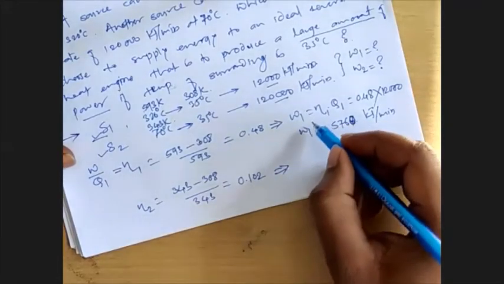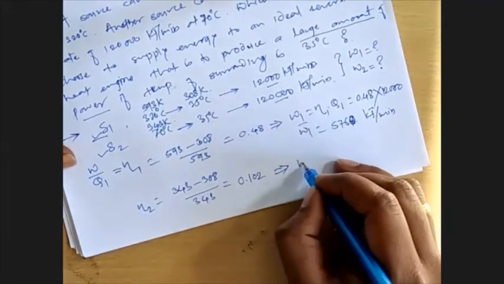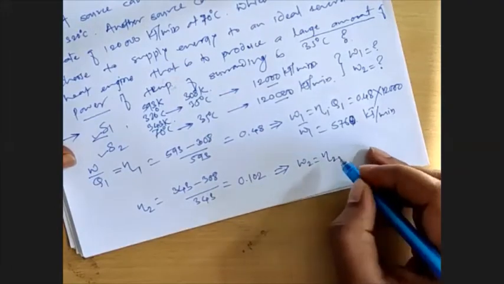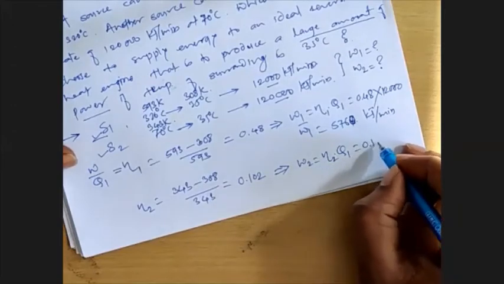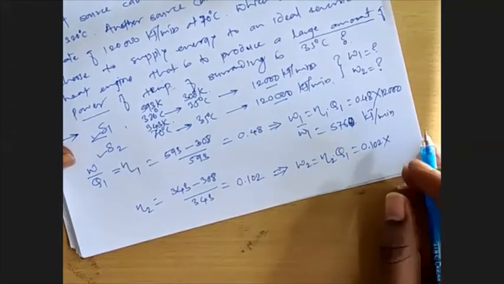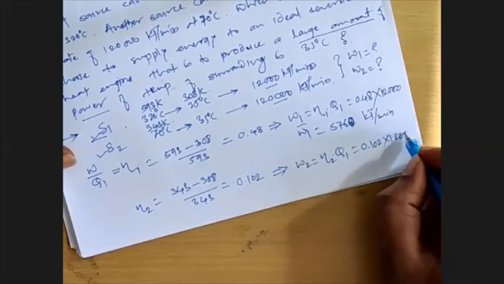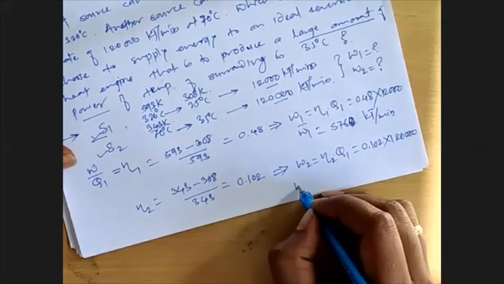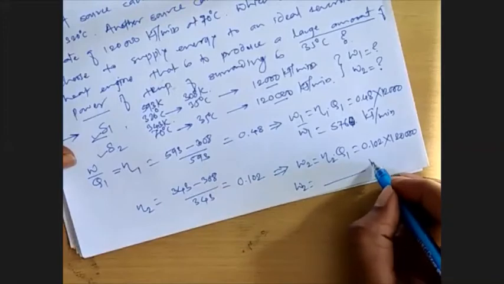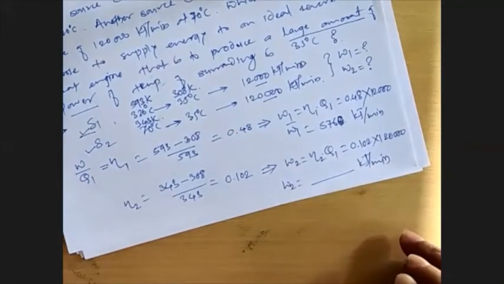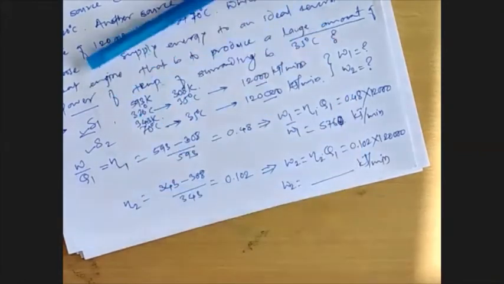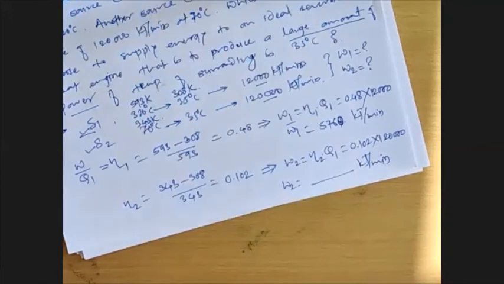And similarly, W2 is equal to N2 into Q1, and that is 0.102 multiplied by 1,20,000, and that way W2 is equal to kilojoules per minute. Tell me the answer. 12240. 1 second, Pratik.